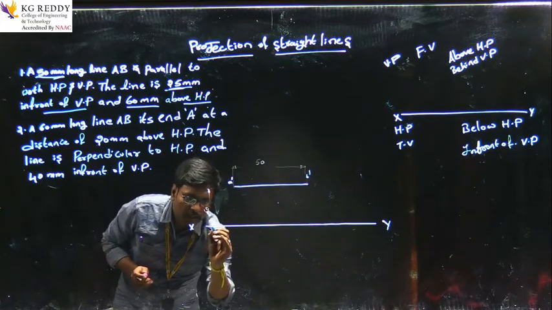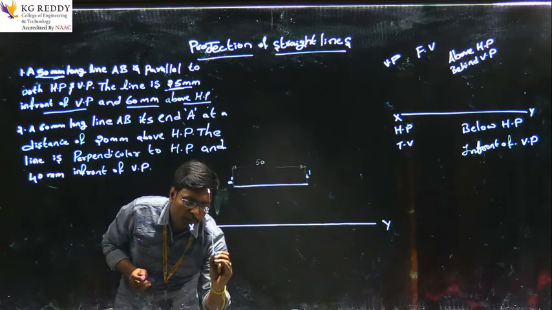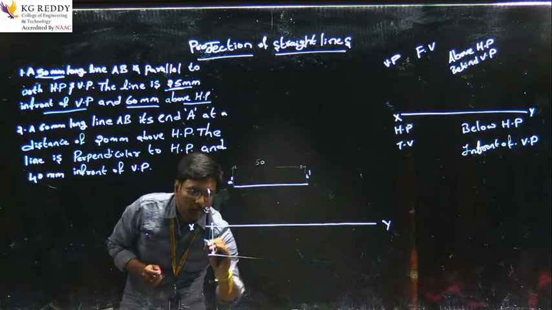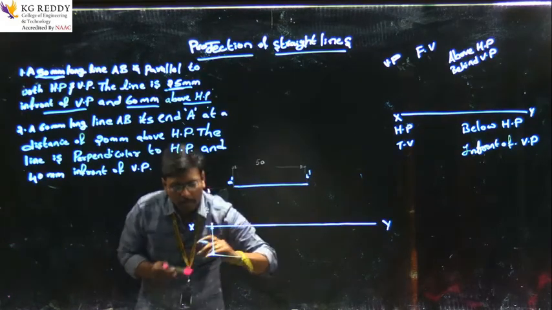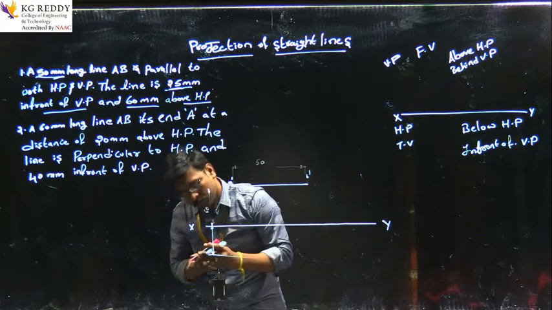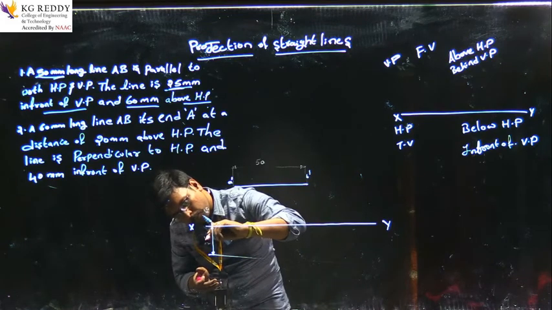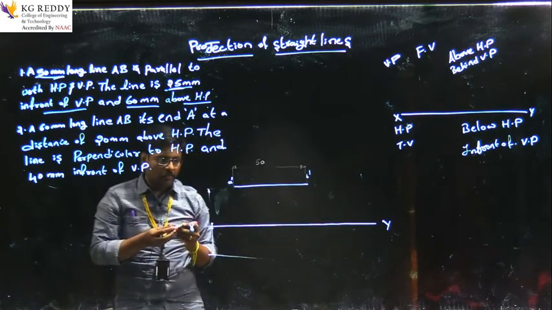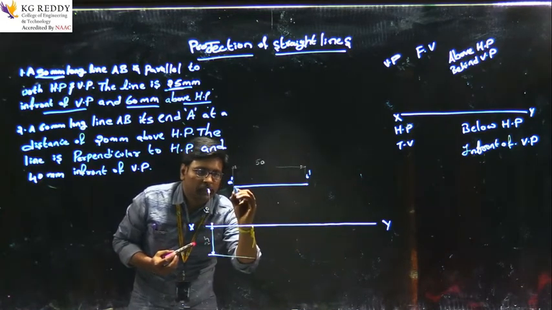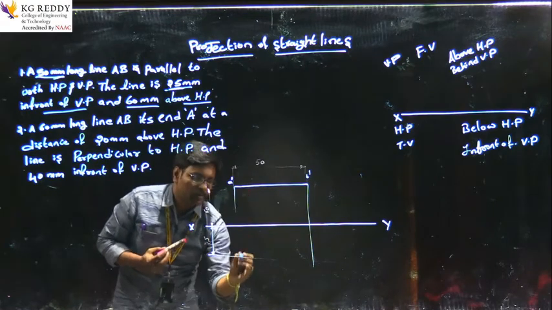So here it is 25, and that is 25. The projection of this front view is nothing but the top view. These also must be very light. So that is what I am taking here.